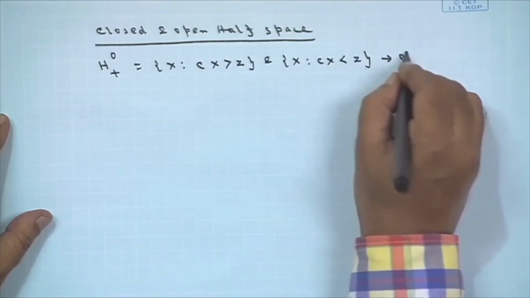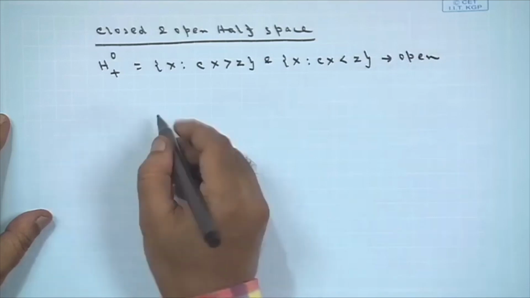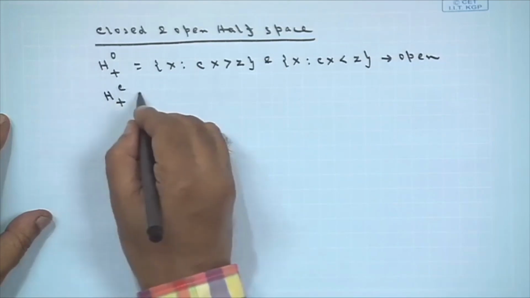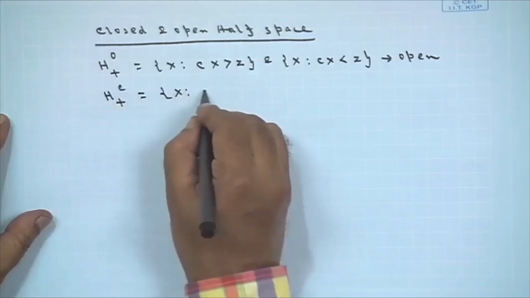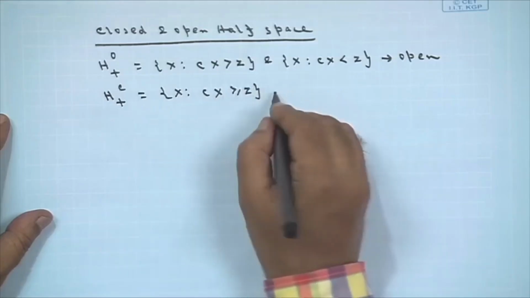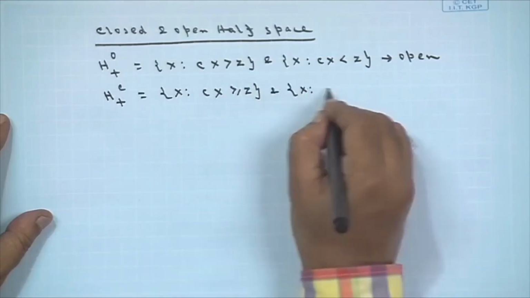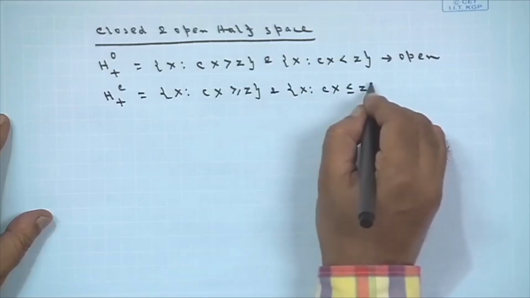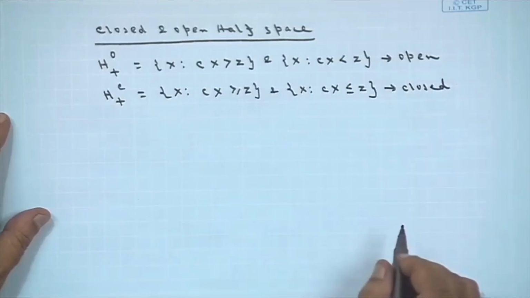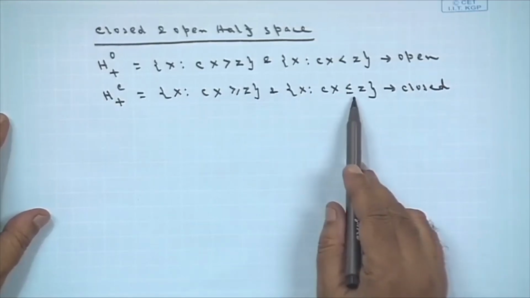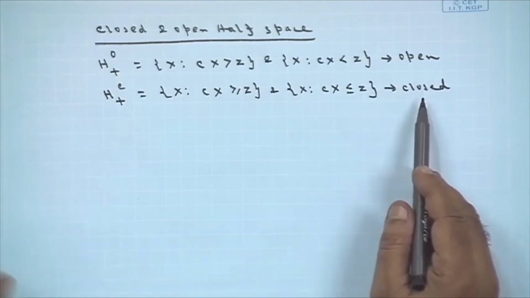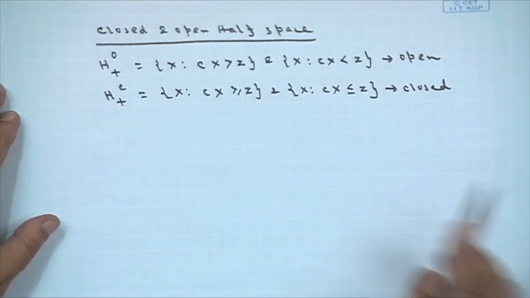This we are calling open half space. Similarly, closed will be x such that c x greater than or equal to z, and x such that c x less than or equal to z. So, you can understand the difference. Just like open set and closed set, you are including this point or not. Like this, we are defining it as an open or closed half space.